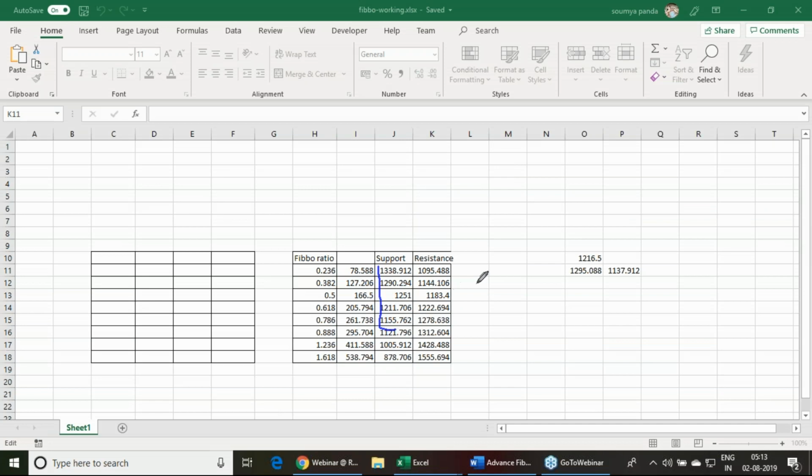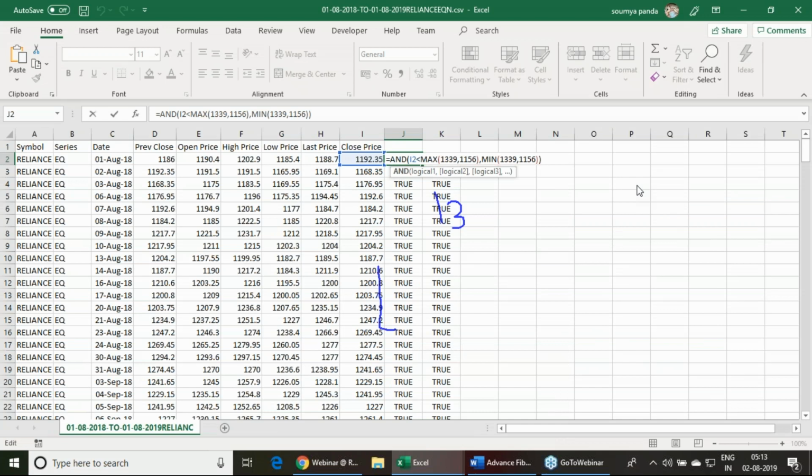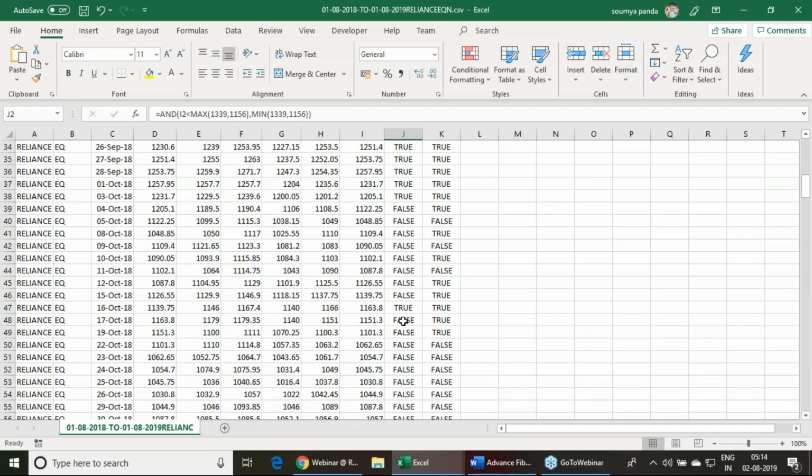Between these, how many days in the past entire one year have I closed here? Wherever my conditions are met, I get a true value, and whenever they are not met, I get false values.